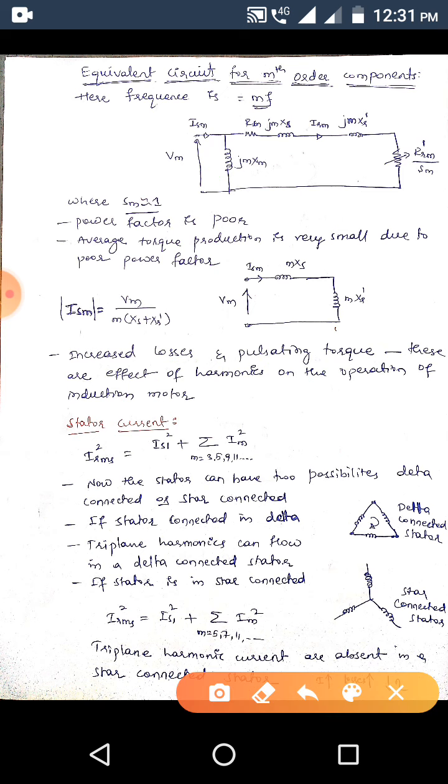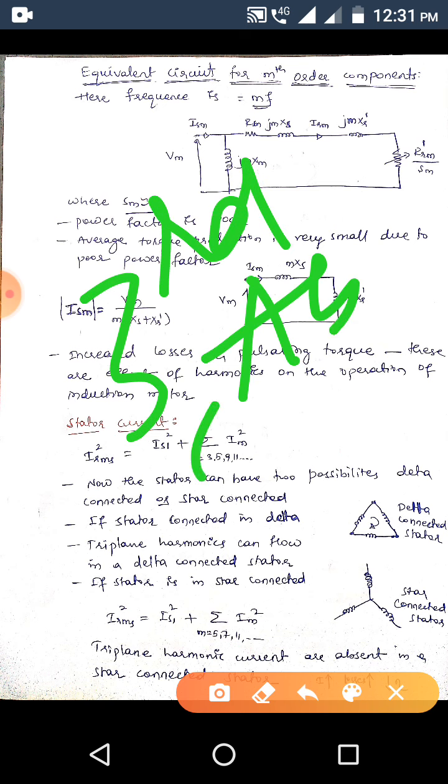You can observe this: IRMS is equal to IS1, the stator current, plus the summation with M equal to 5, 7, 11 and so on. It means the third harmonic is absent in star connected windings.